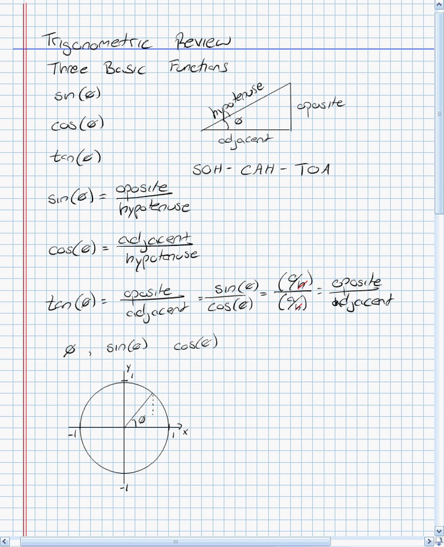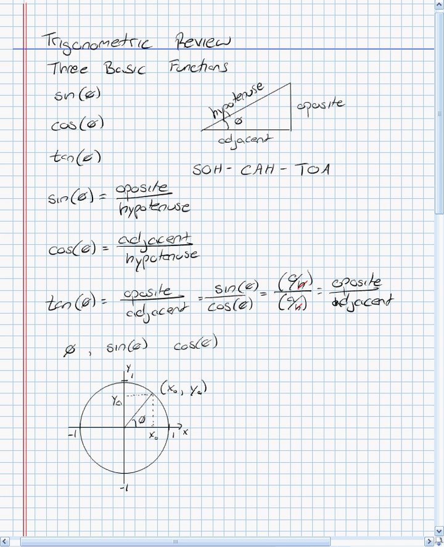Now if we drop this line down, it intersects the x-axis at what we're going to call x0, and intersects the y-axis at what we're going to call y0. So this is a coordinate point x0, comma, y0.